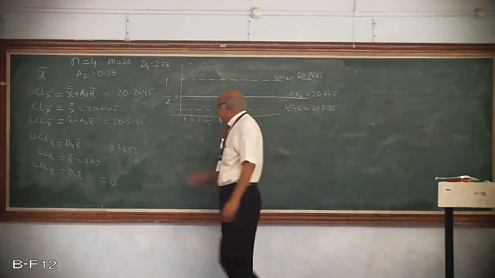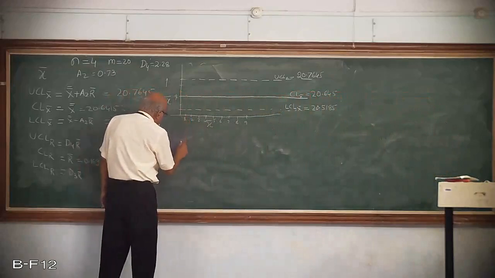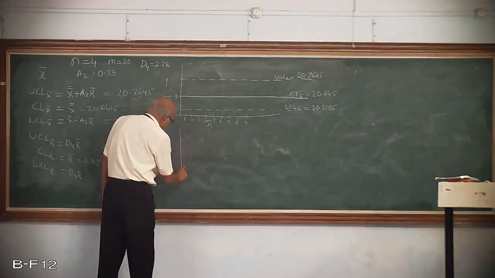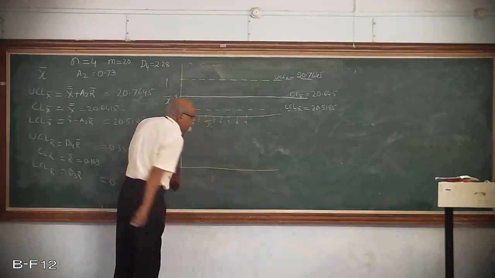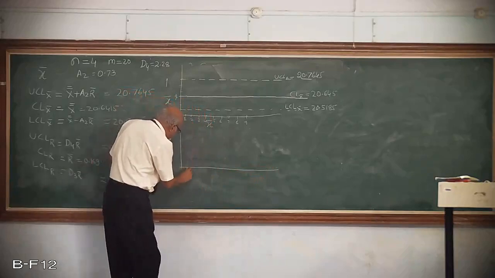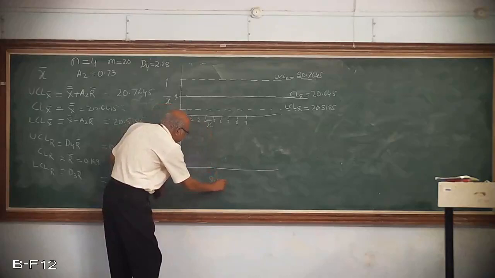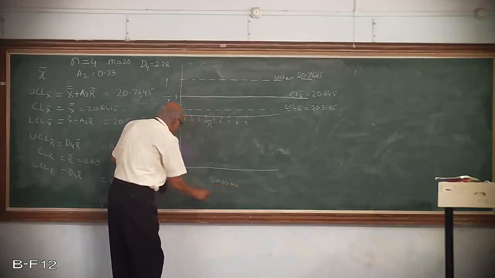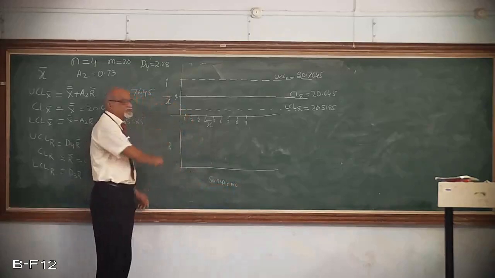Similarly, for R chart, we will draw it just below the X bar chart. Here also we are going to take the same samples. Sample sizes and other things remain the same. That is why it has to be drawn below this one. This is the sample number. And instead of X bar values, these are the range values.